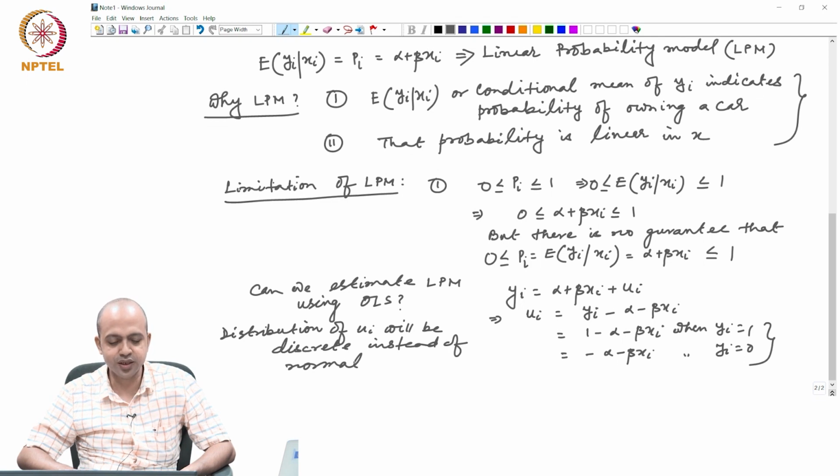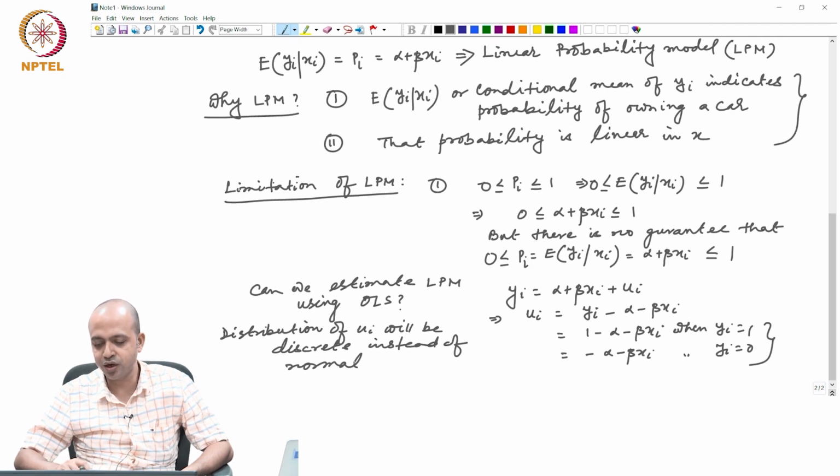Secondly, we cannot estimate this model using OLS, because ui takes only two values depending on what y takes: 1 minus alpha minus beta xi when y equals 1, and minus alpha minus beta xi when yi equals 0.